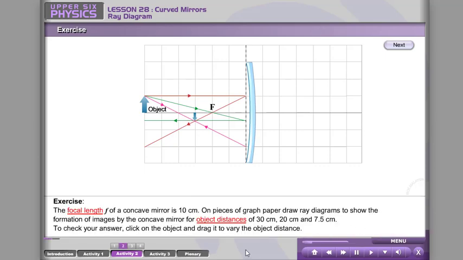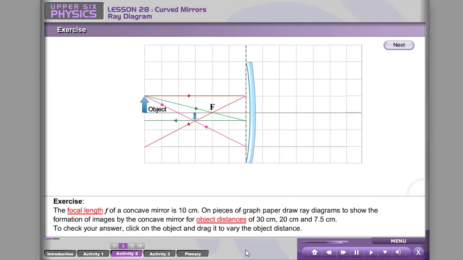Exercise. The focal length f of a concave mirror is 10 centimeters. On pieces of graph paper, draw ray diagrams to show the formation of images by the concave mirror for object distances of 30 centimeters, 20 centimeters and 7.5 centimeters.